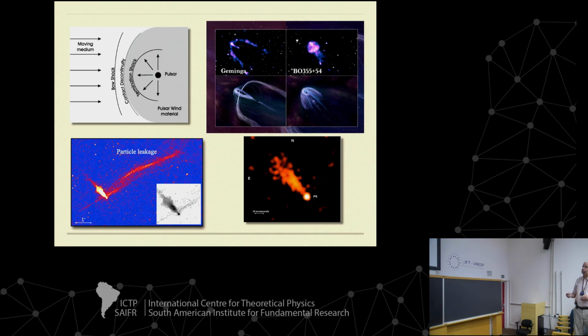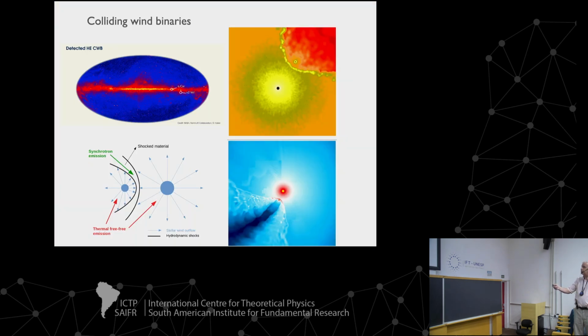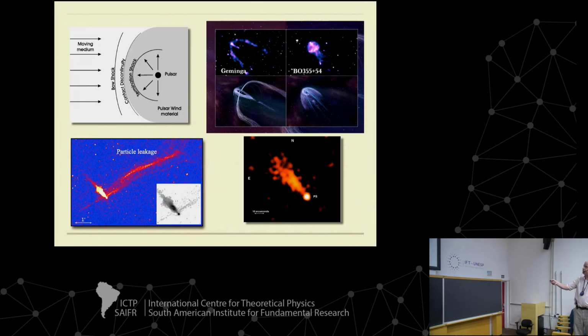And since the pulsar also ejects two jets, these jets are bent by the interaction with the medium, producing these strange arcs that we can observe in X-rays. This is synchrotron radiation produced by the electrons that are being ejected by the pulsar.